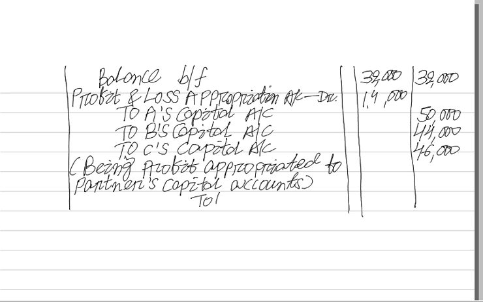This is the total of the first and second page of the journal. This is 1,72,000.